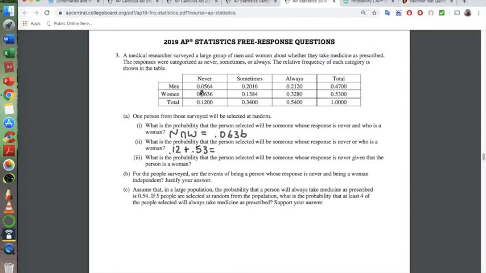If we've added it here and added it here, then we've double added that. So we need to subtract 0.0636, and so we've got 0.65 minus 0.0636. Take out our calculator for that one. 0.65 minus 0.0636 equals 0.5864.